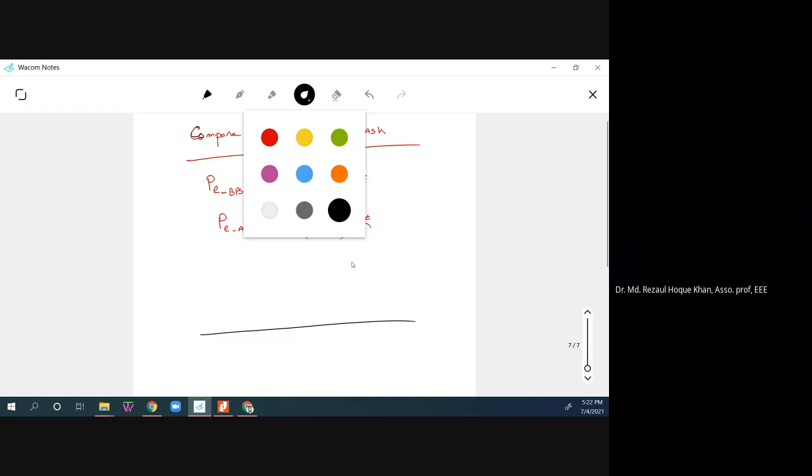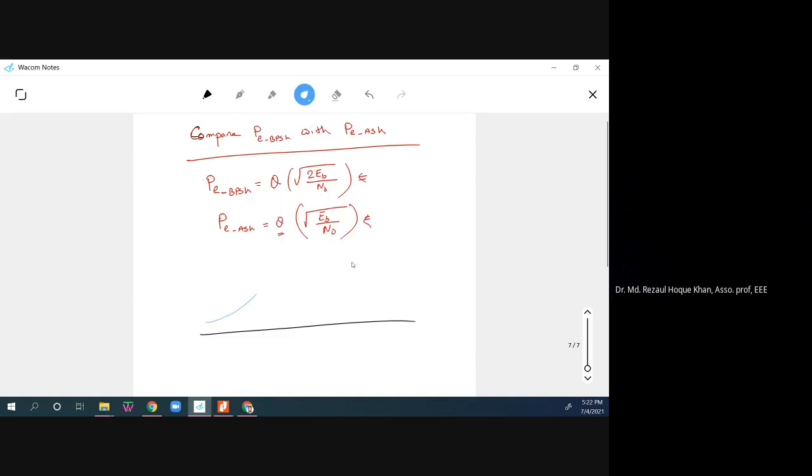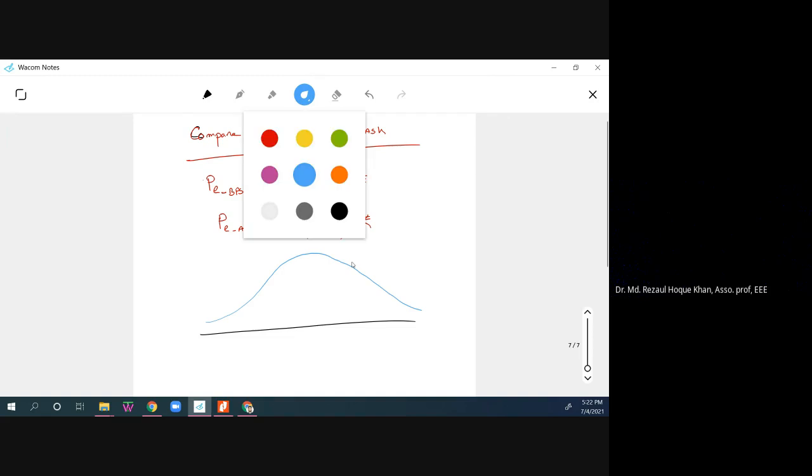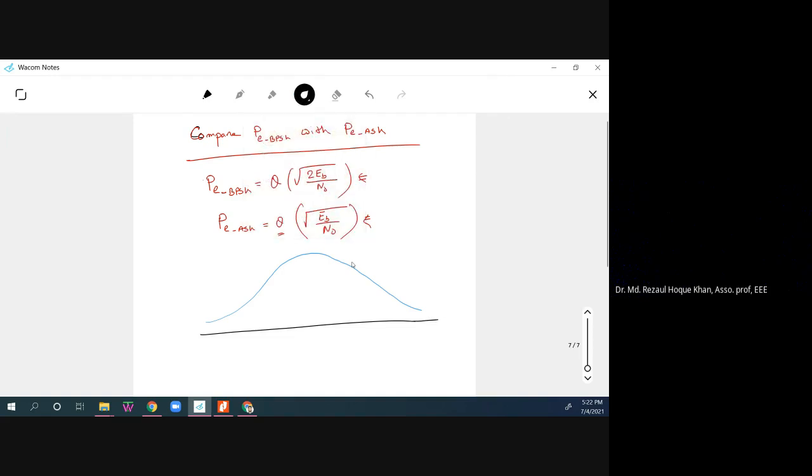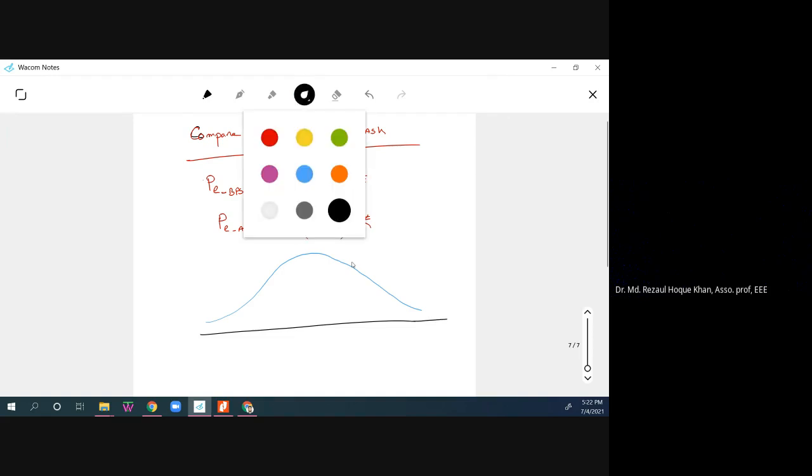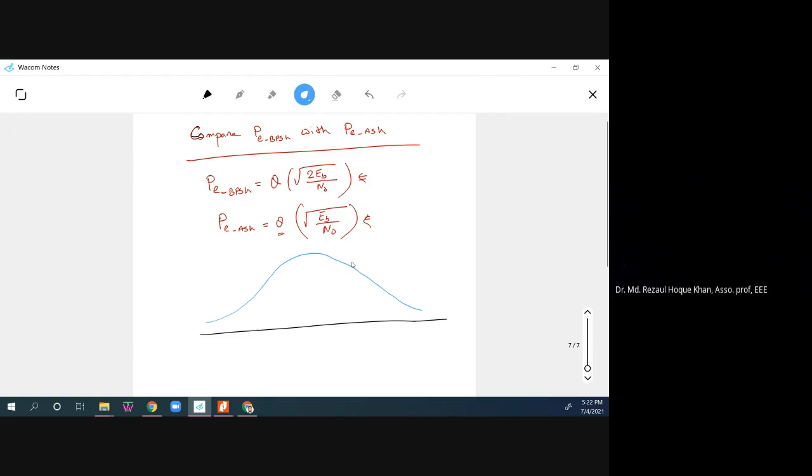So the Q function is a standard Gaussian with a zero mean.